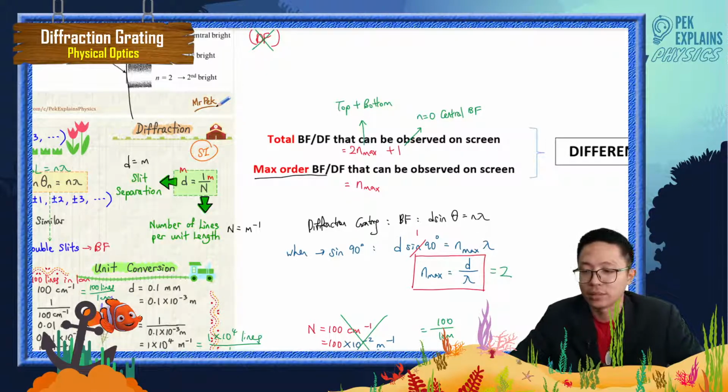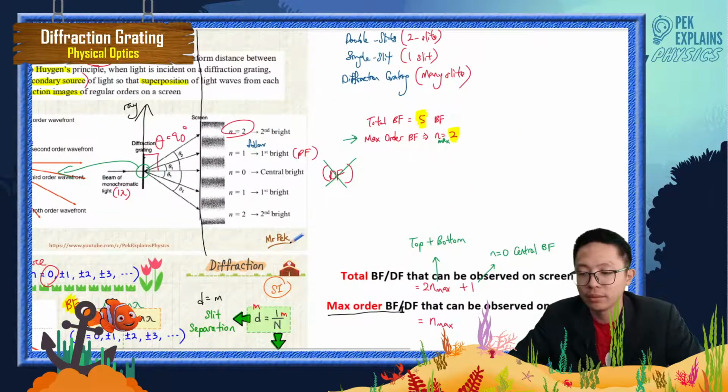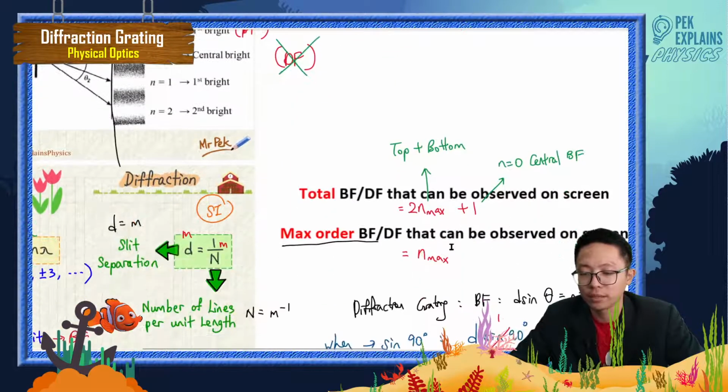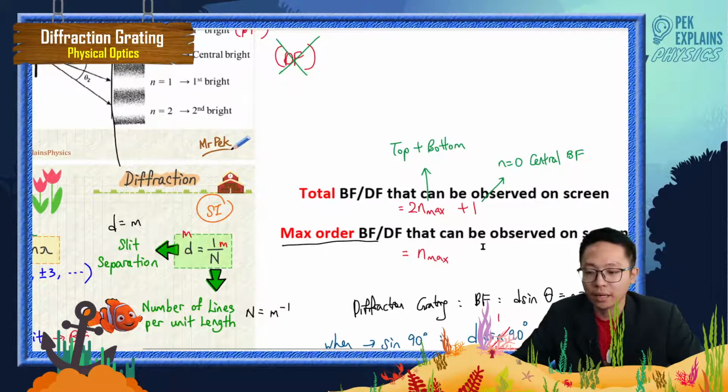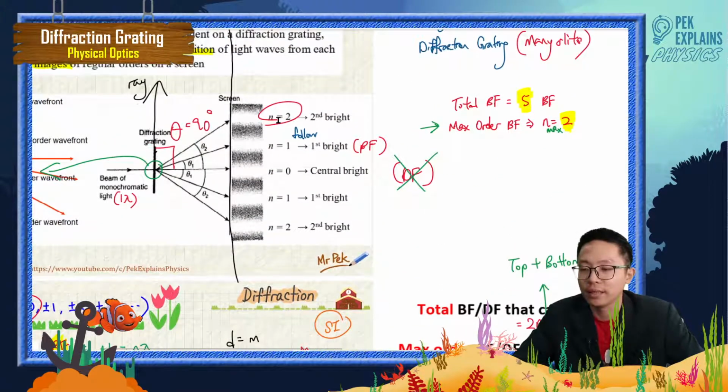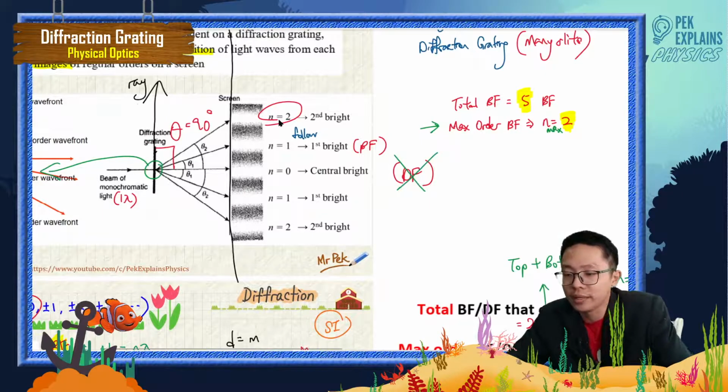So the maximum order of bright fringe that can be observed is 2. You see that? I can see 2. My n max is 2.